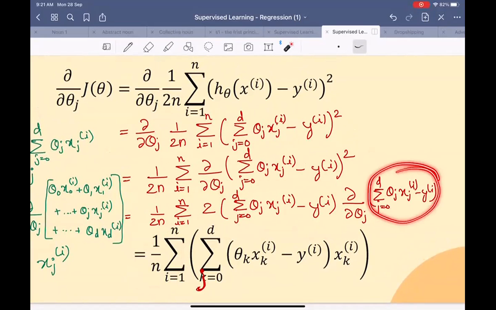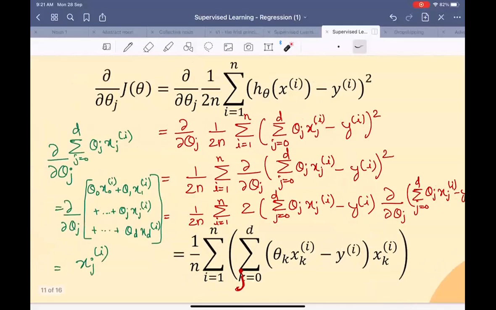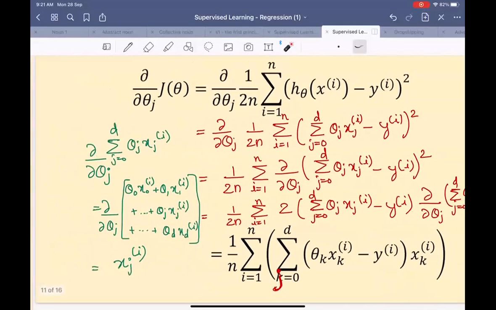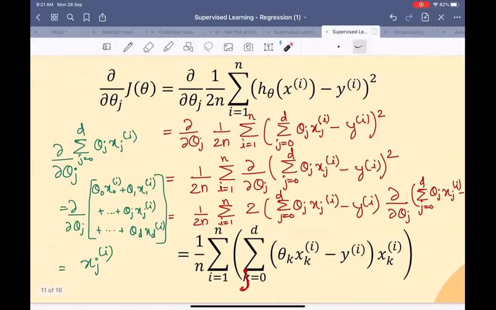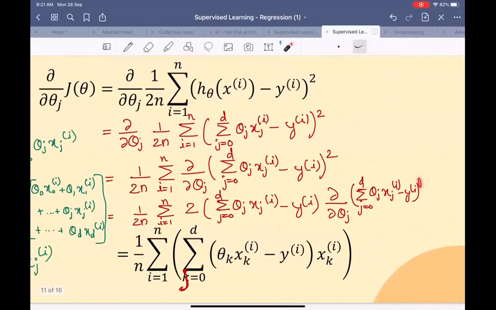Now, we are trying to find the partial derivative of this summation and y with respect to theta j. Since this y does not have any term of theta j, we can simply cancel it out. We are left with only this summation, with the derivative taken with respect to theta j.